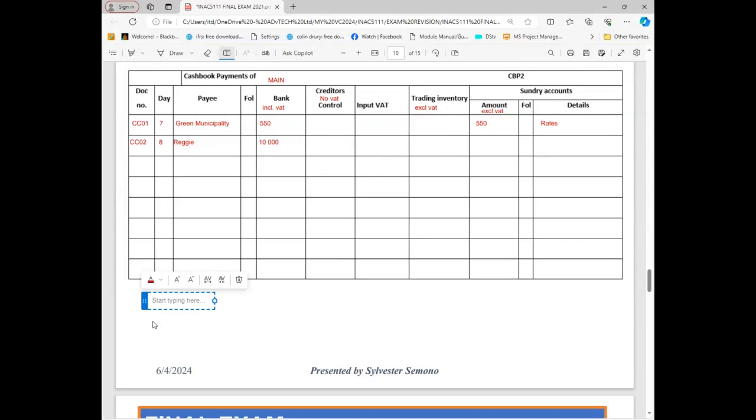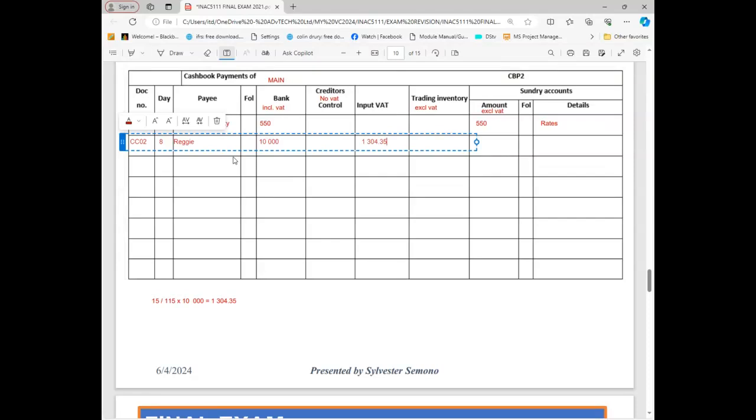So I'm just going to say VAT is 15 over 115 times how much was that? 10,000. Just use the calculator. I get 1,304. So that is the VAT that I'm going to put here. The input VAT.